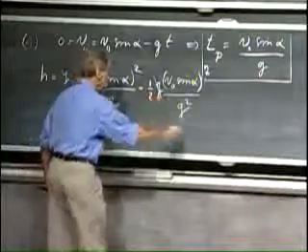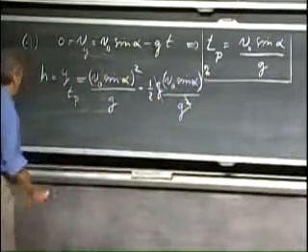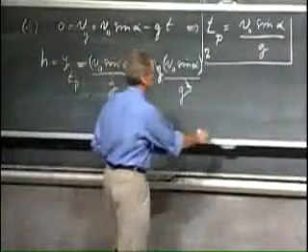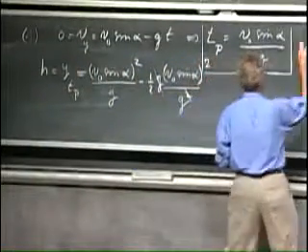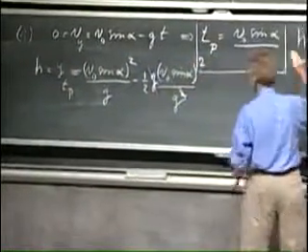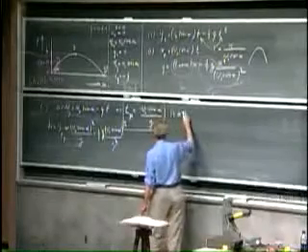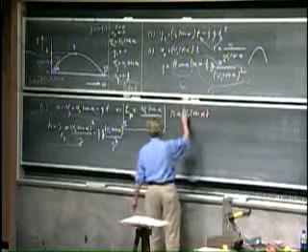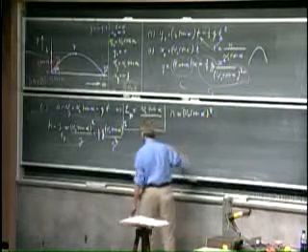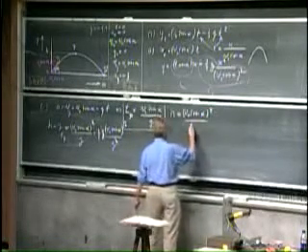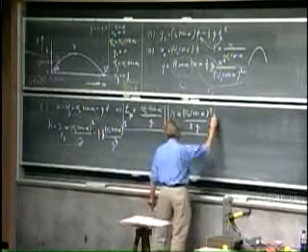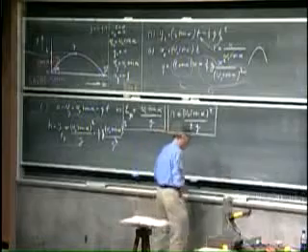You lose 1g, and you will find then that the highest point, let's write it down here so that we don't block that blackboard. The highest point in the sky equals v0 sine alpha squared divided by 2g.